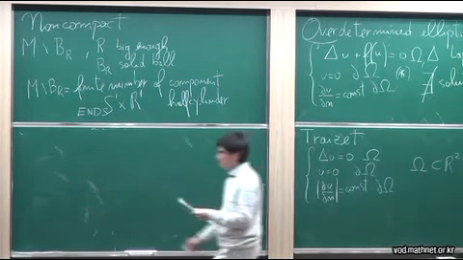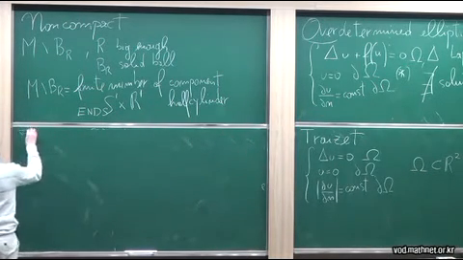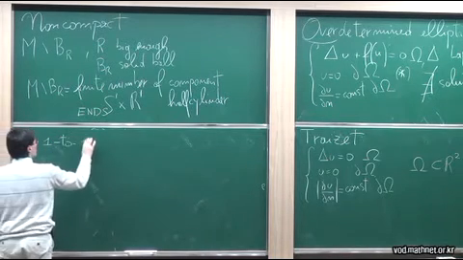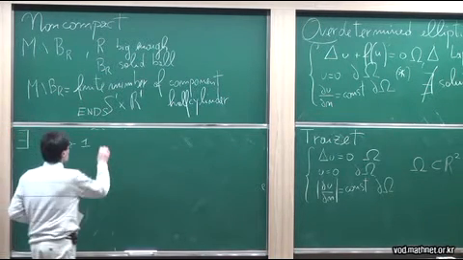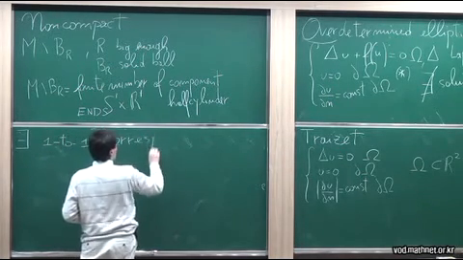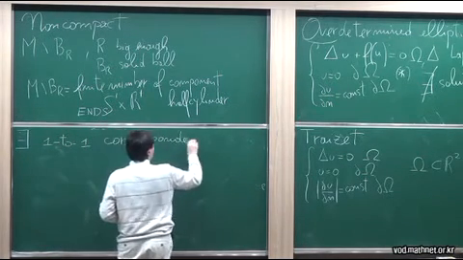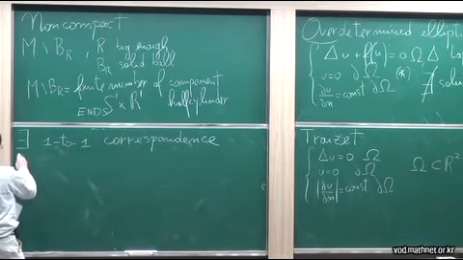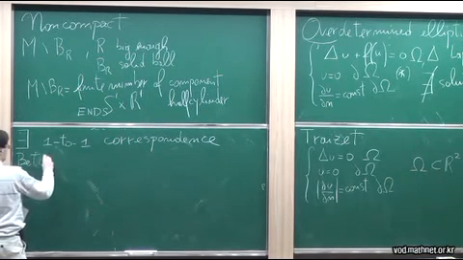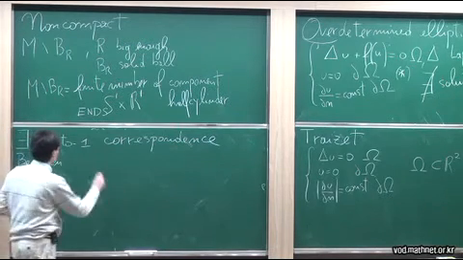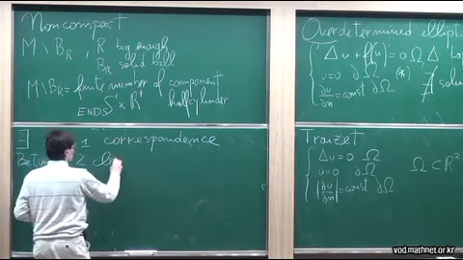Okay, so he proved that there exists a one-to-one correspondence, which is explicit, more or less, between two classes of objects.